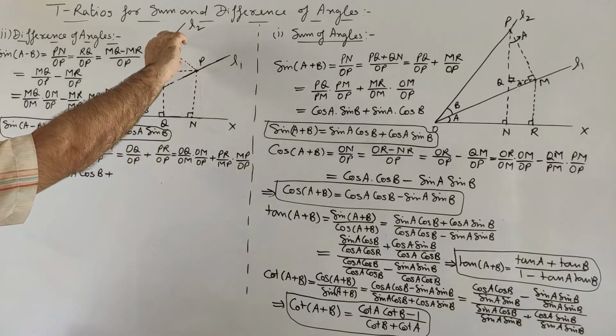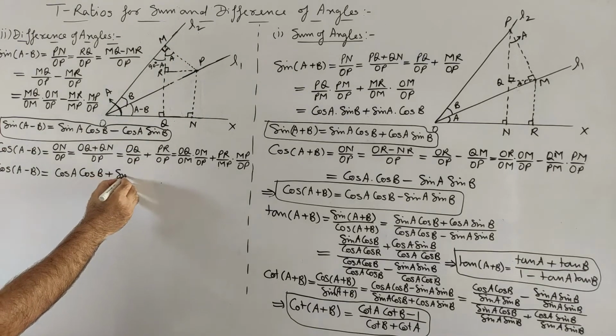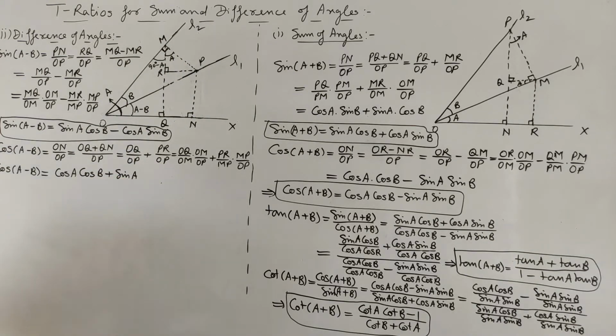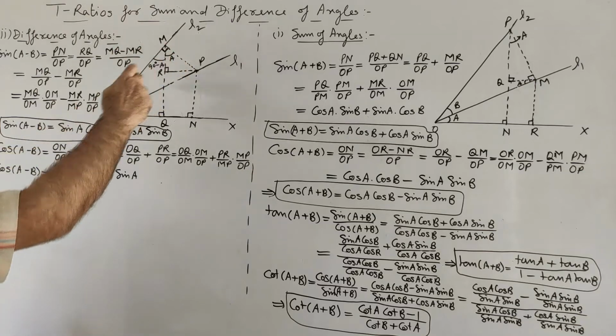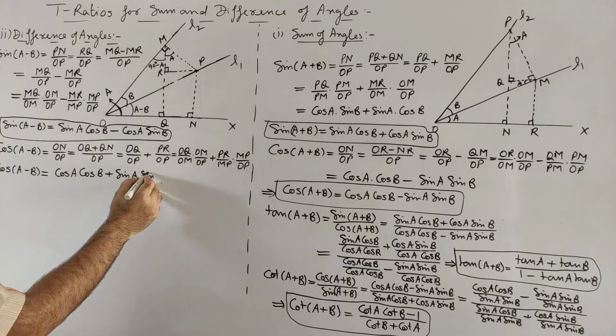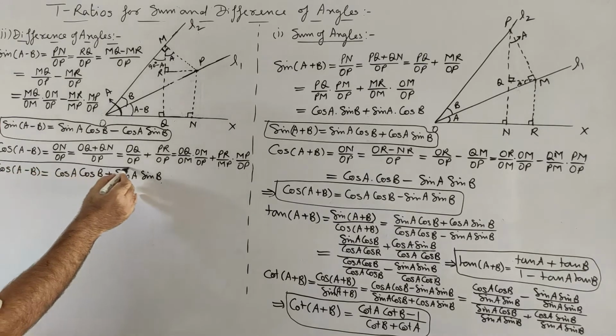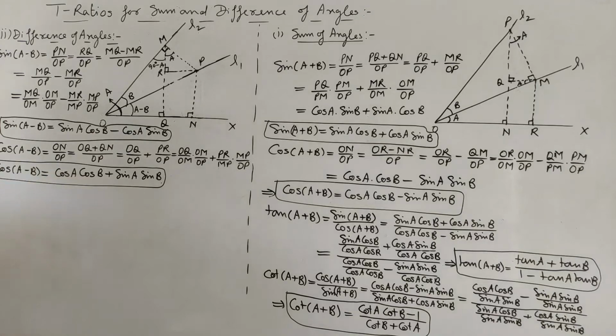PR upon MP for angle A, perpendicular upon hypotenuse, means sin A. Now MP upon OP, MP perpendicular, OP hypotenuse for angle B, so perpendicular upon hypotenuse means sin B. So it is the formula for cos A minus B.